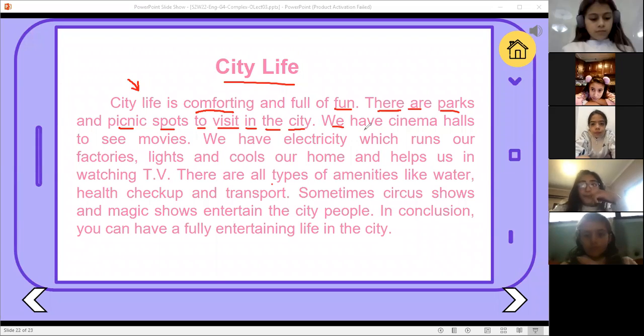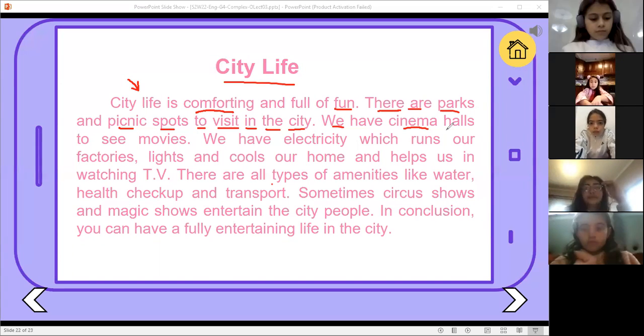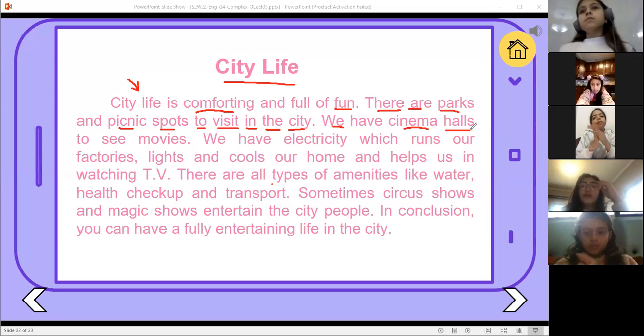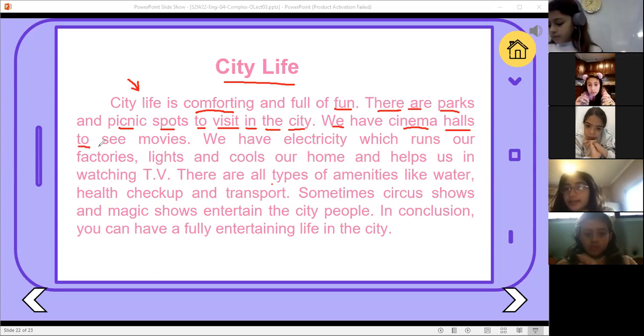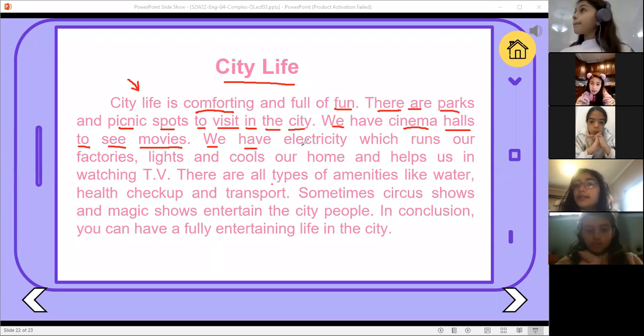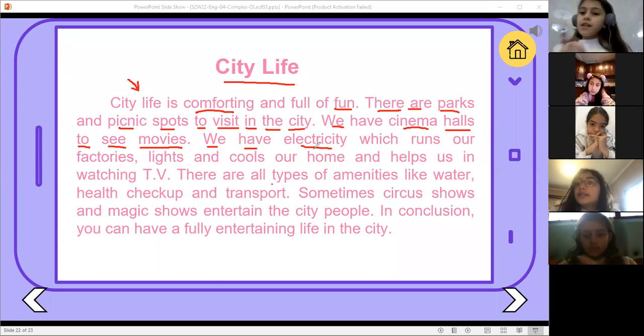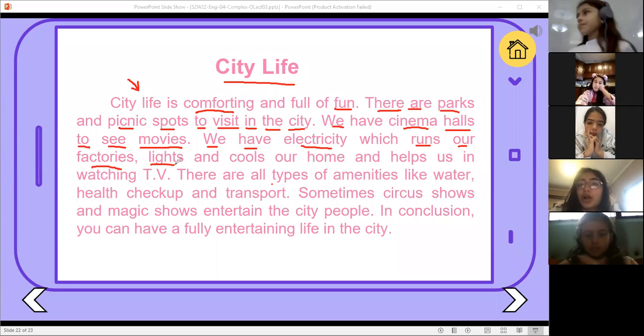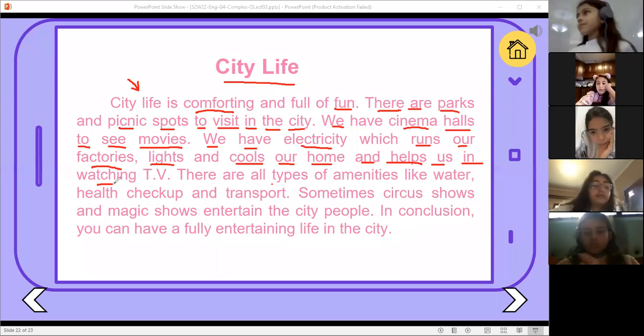We have cinema halls to see movies. We have electricity, which runs our factories, lights, and cools our home and helps us in watching TV.